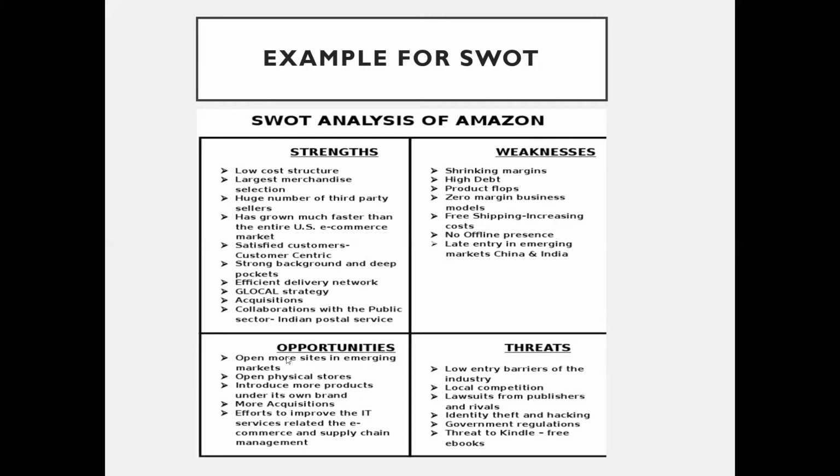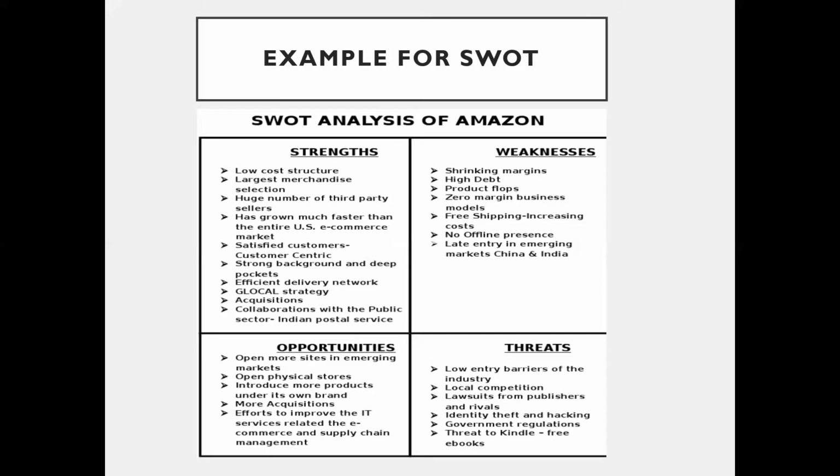Next, here you can see some of the opportunities available for Amazon. Open more sites in emerging markets, open physical stores, introduce more products under its own brand, more acquisitions, efforts to improve the IT services related to e-commerce and supply chain management. Next, here you can see the threats.